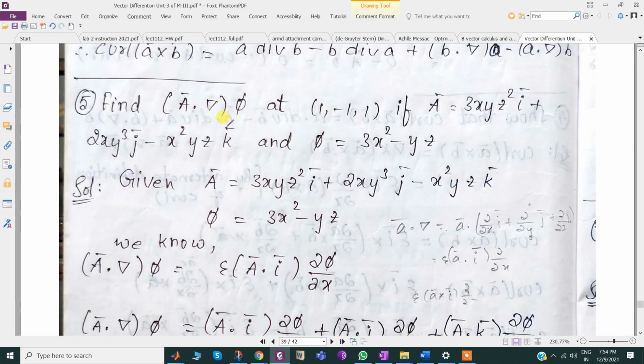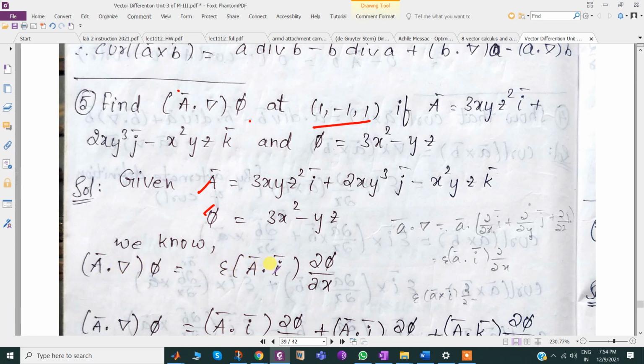a bar dot del phi at the point 1, 1, 1, minus 1, 1, where a bar is given. What is given? a bar dot del of phi. First try to complete this. What is a bar dot del? a bar is this, phi is this. Then a bar dot del means a bar dot del phi.